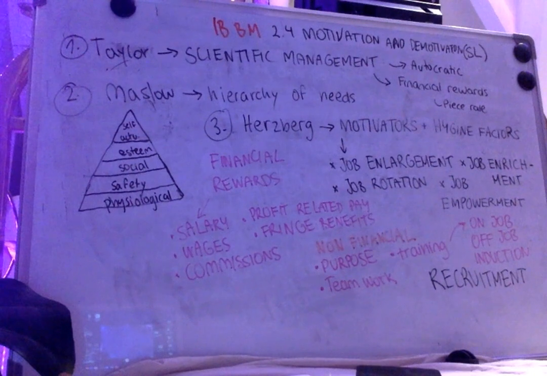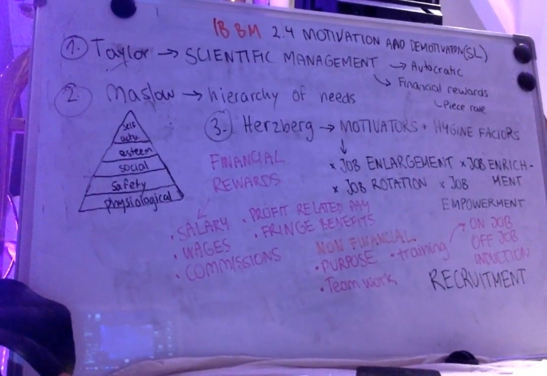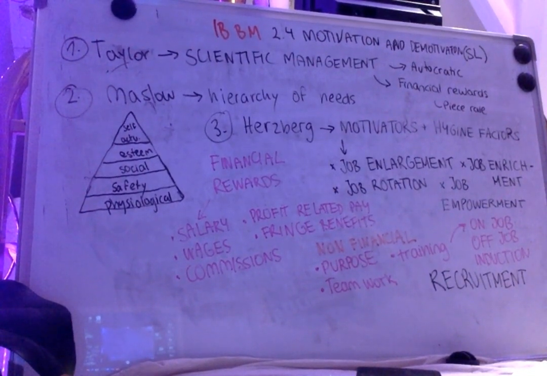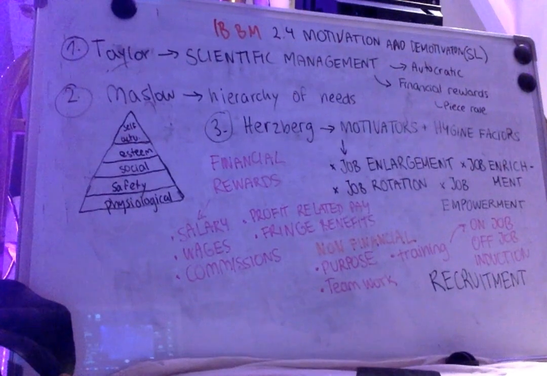The difference between these two is that wages are based on how much time you work or how many pieces of output you make. So wage is not a fixed amount. It depends on either hours or the volume of output that you produce. This was very supported by Taylor.